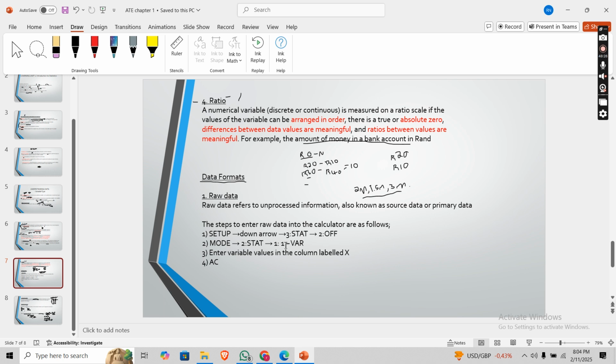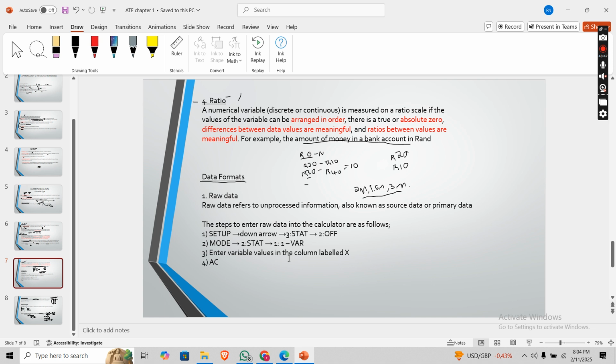Then you'll be presented with a column labeled X, and all you need to do is to enter data values by pressing any number that you are dealing with. For example, let's enter 5, then you press the equal sign, and the data will be recorded.